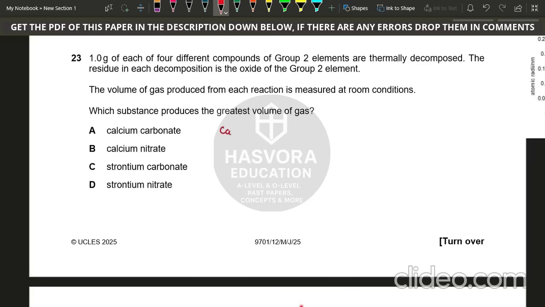So this is calcium carbonate, CaCO3. This will decompose to form calcium oxide, plus it will also form oxygen, O2. So let's see if the equation is balanced. So yes, it is balanced. Then for the calcium nitrate, it will be Ca(NO3)2.